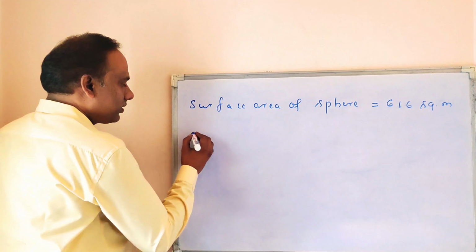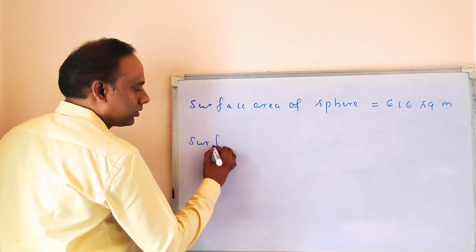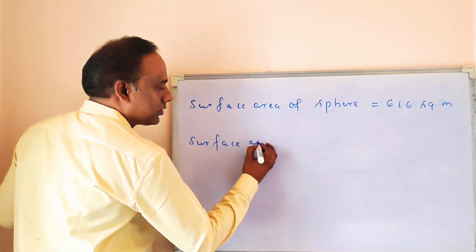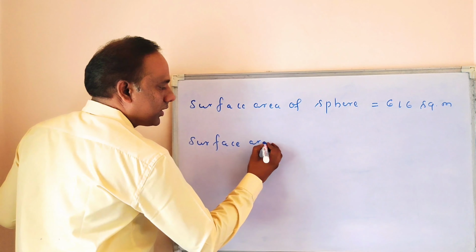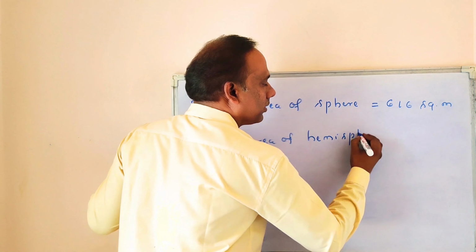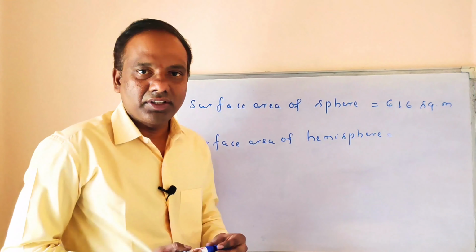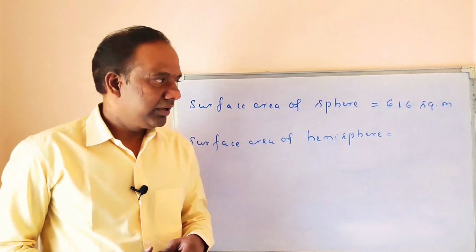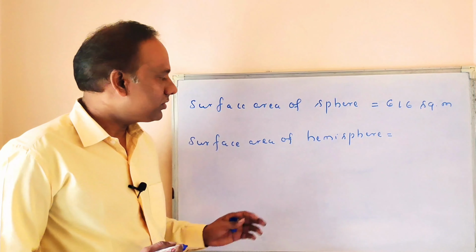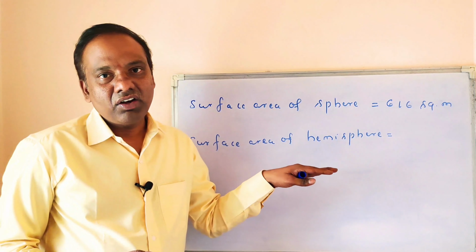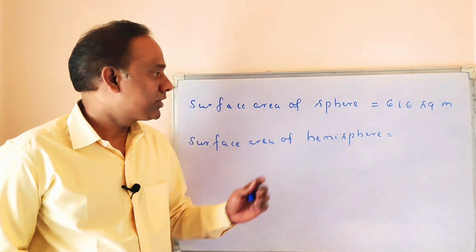Here they ask the surface area of a hemisphere. So here you observe, the surface area of a sphere is equal to 616 square centimeters. So here they asked the same, the surface area of a hemisphere.